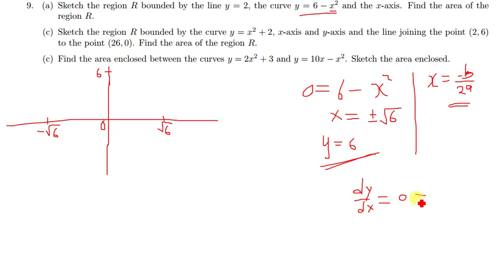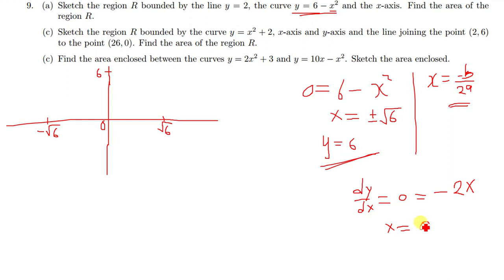So what is our dy dx? When you differentiate this expression, you get negative 2x. When you equate negative 2x to 0, you get x equal to 0. So at maximum, x is equal to 0.